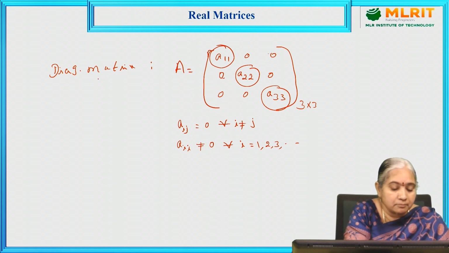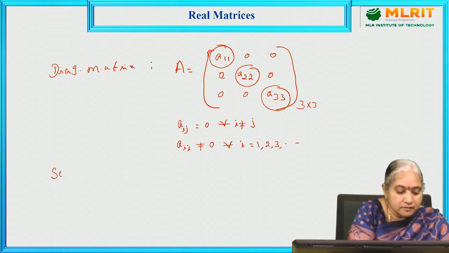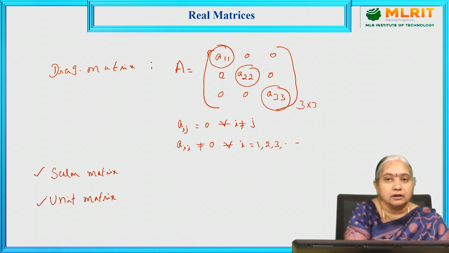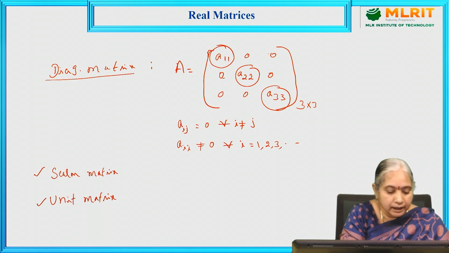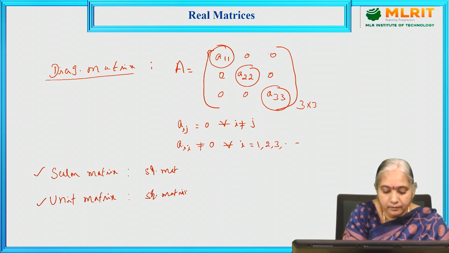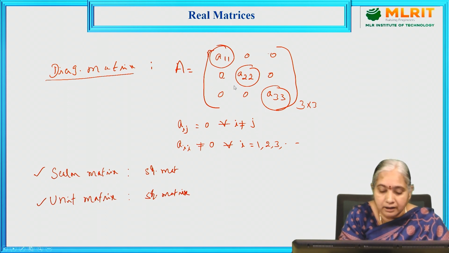In this diagonal matrix, particular cases of the diagonal matrix are the scalar matrix and the unit matrix. These two matrices are particular cases of the diagonal matrix. That means both these matrices are square matrices and except diagonal elements, all other elements are zeros.